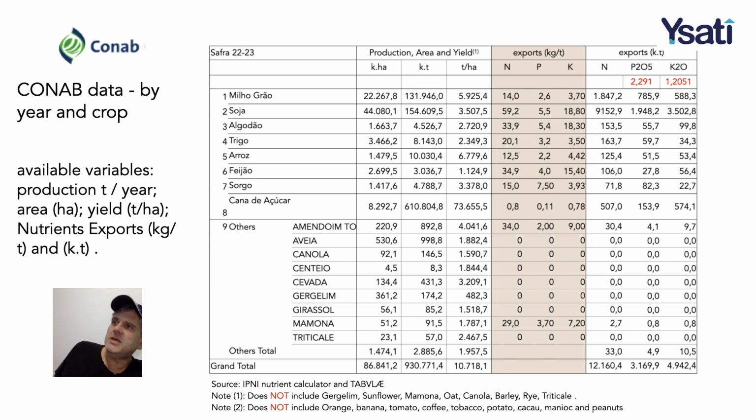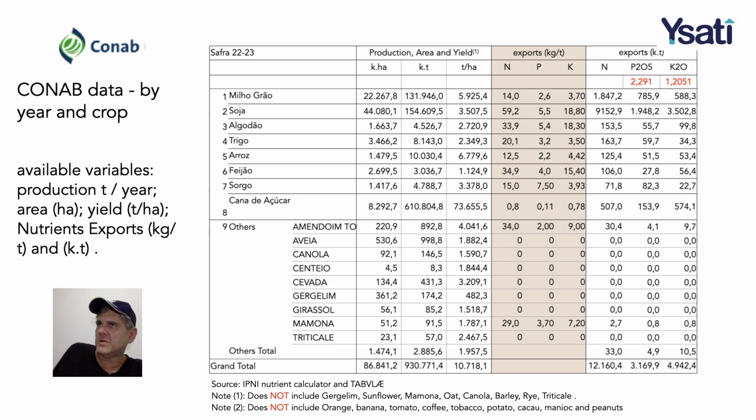So when we do the harvest, we get these figures. You can see that in red. And these are the most important figures to create the last column that we can see there. It is the exports in 1,000 tons of each element.